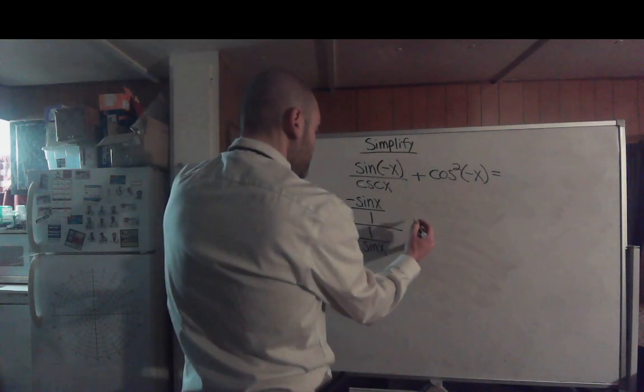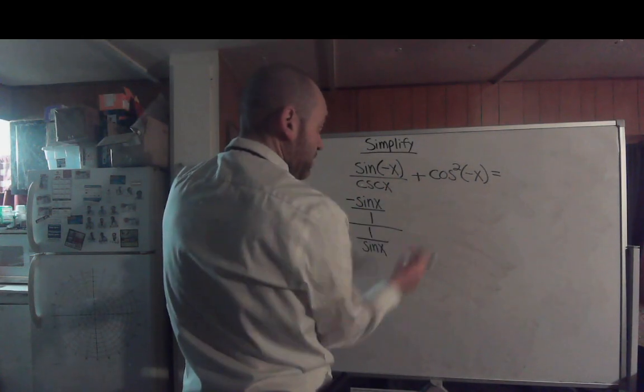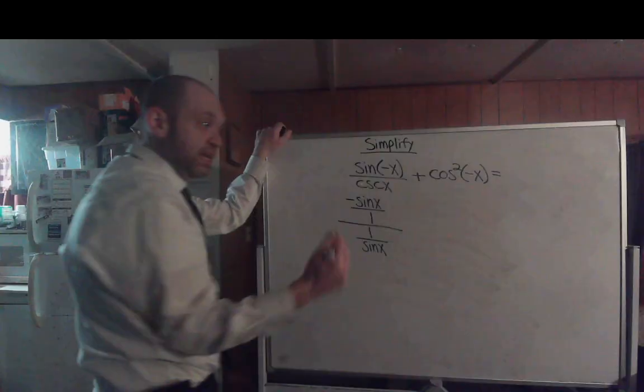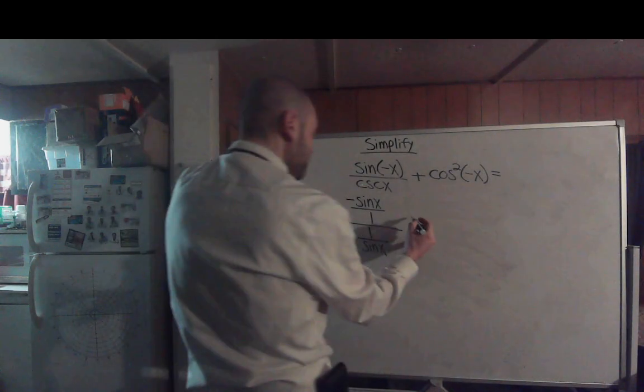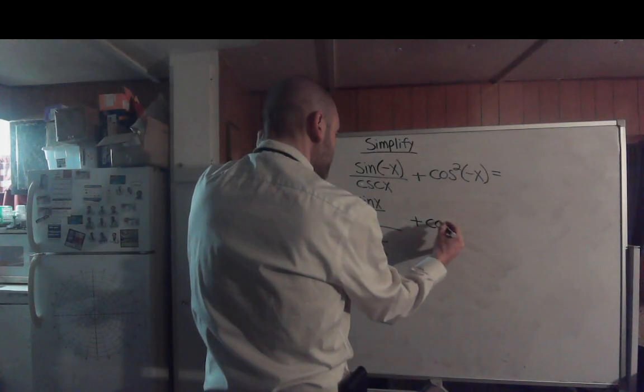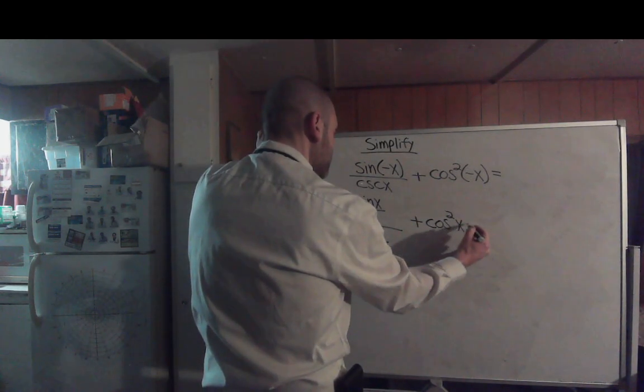Now, what is the cosine squared of negative x? Well, cosine of negative x turns into the cosine of positive x, so this would all be plus the cosine squared of x.